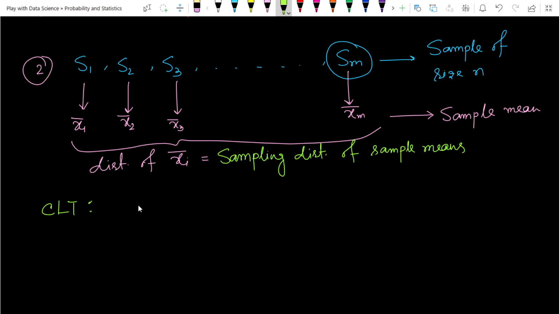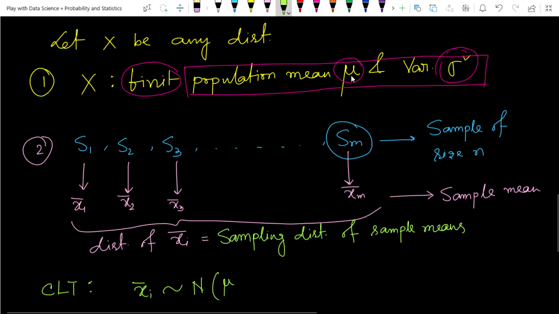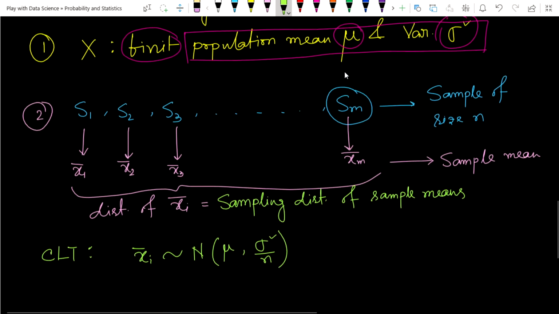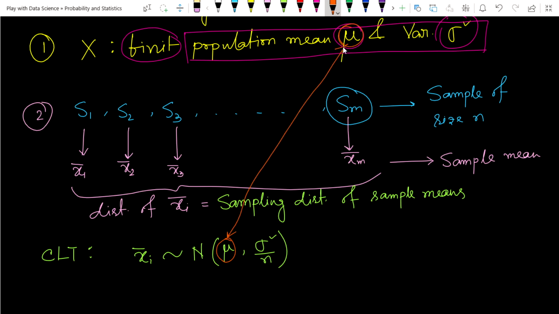The central limit theorem says that the sample means x bar follow a normal distribution with mean mu, which is the population mean of our distribution, and variance sigma squared by n, where sigma squared is the population variance. The mean and variance here are the same as the population mean and variance.